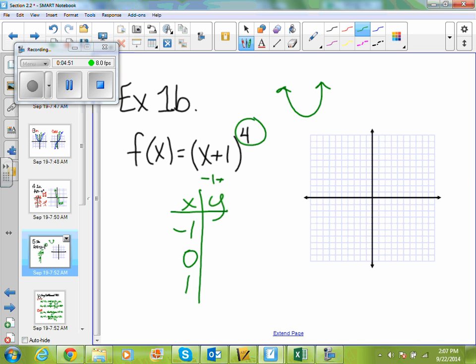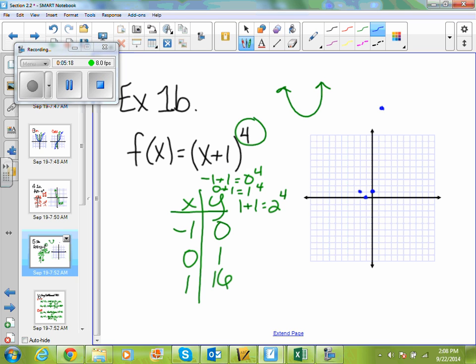Negative 1 plus 1 is 0, so 0 to the 4th is 0. 0 plus 1 is 1, 1 to the 4th is 1, and 1 plus 1 is 2, and 2 to the 4th is 16. So if I graph those, negative 1, 0 is here, 0, 1 is up here, and 1, 16 would be somewhere way up there.